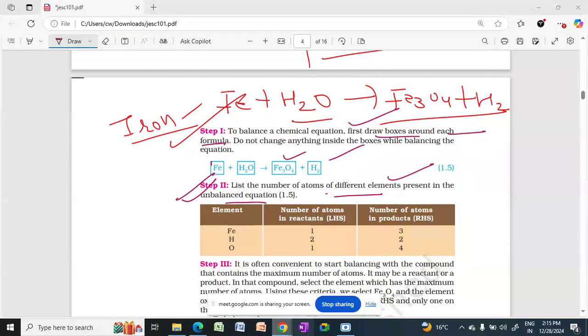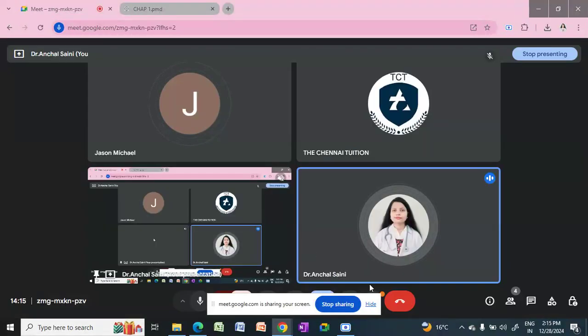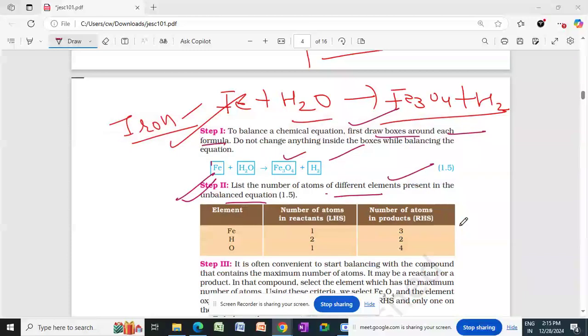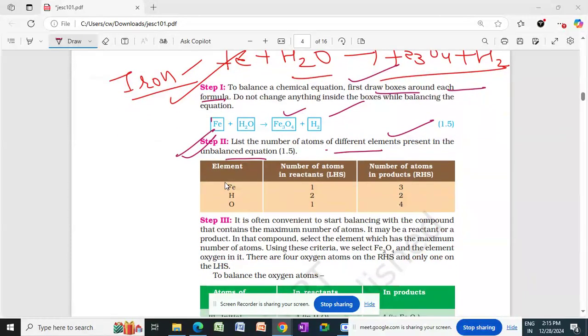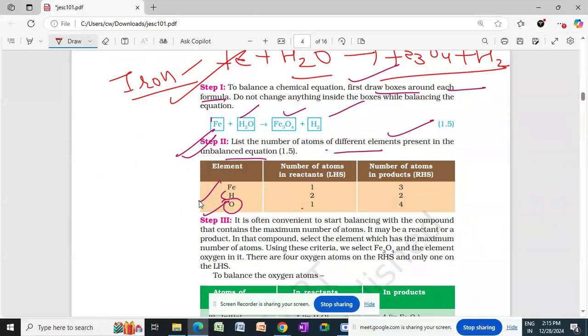The first element is iron. The second element is hydrogen. The third element is oxygen. Clear? So tell me, how many atoms of each of these elements are present on the reactant side?